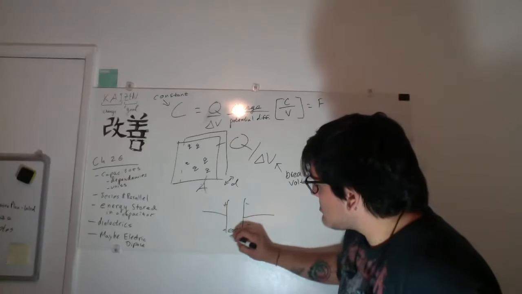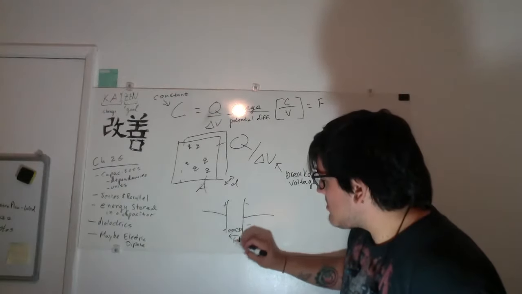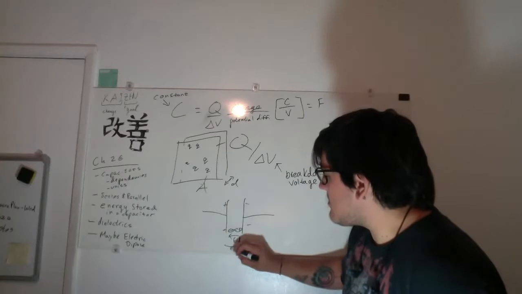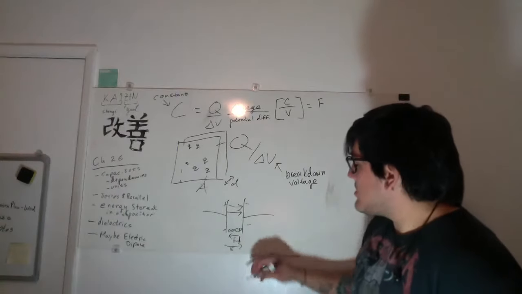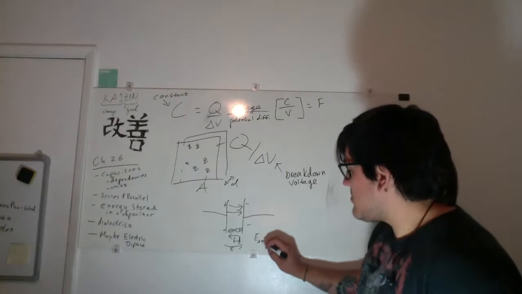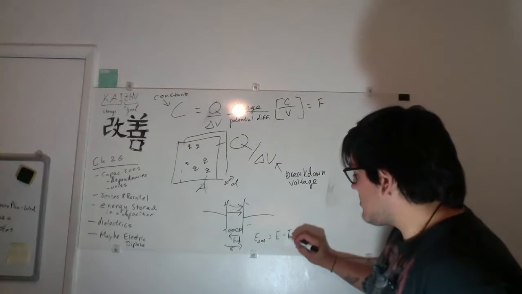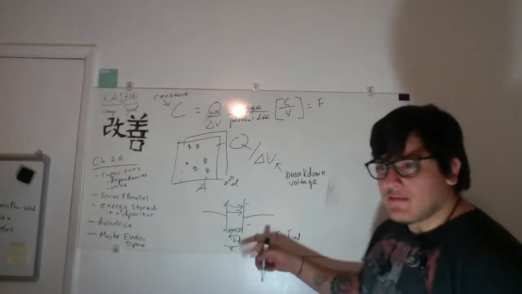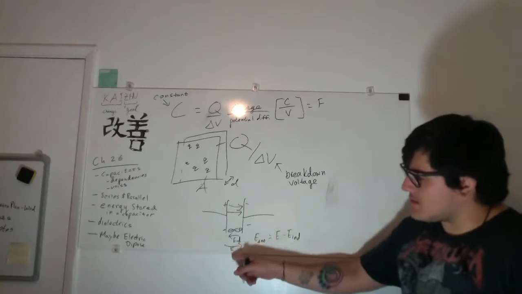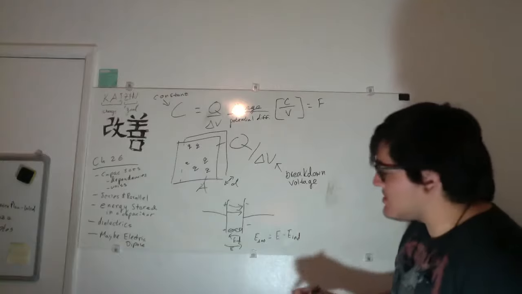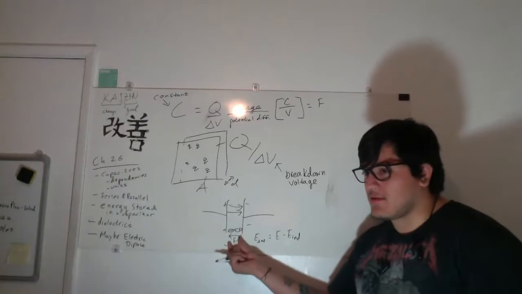And you get an induced electric field, and this is the direction of this electric field, right? So the total is equal to E minus E induced, isn't it? That makes sense. The total is E, the electric field from the whole capacitor plates, minus the induced electric field in the little tiny particles.